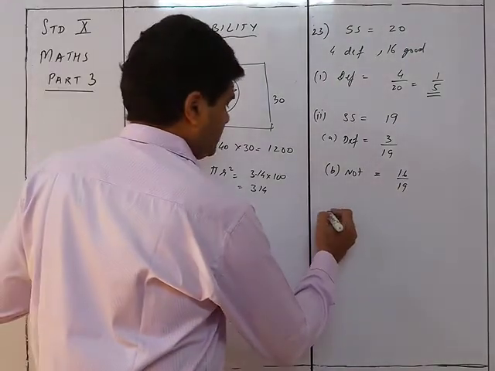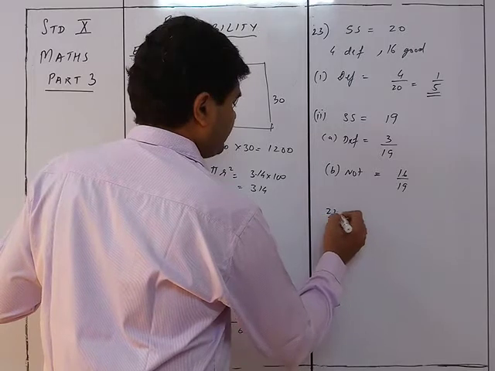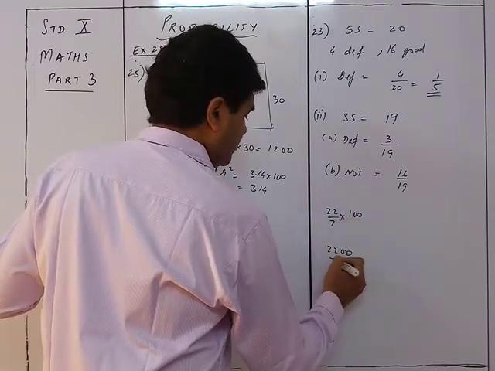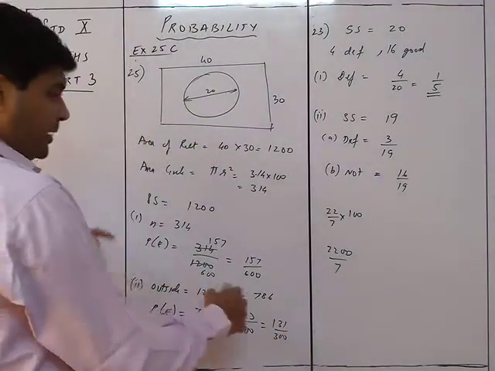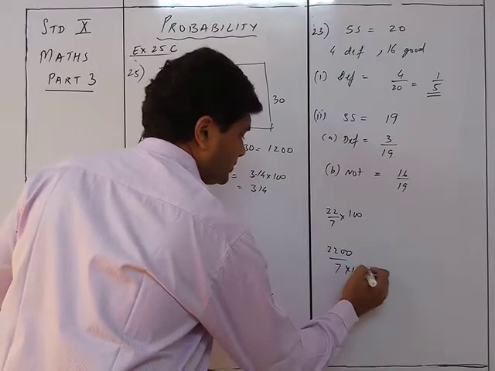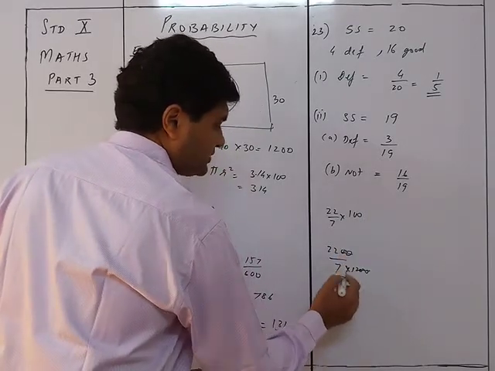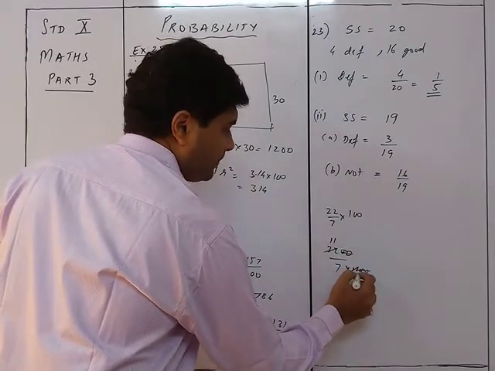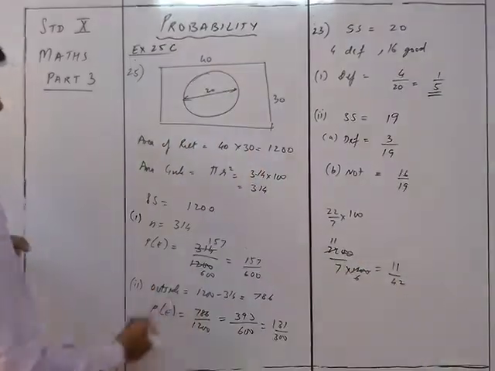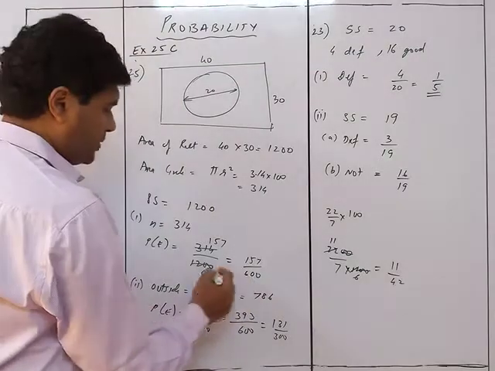Yeah, so it is 22 upon 7 into 100, so it is 2200 upon 7, and this will be upon 1200. So into 1200, the zeros cancel. This is 11 upon 6 and then, yeah, 42. That's right. So 11 upon 42. So they have taken pi r square directly with 22 upon 7.